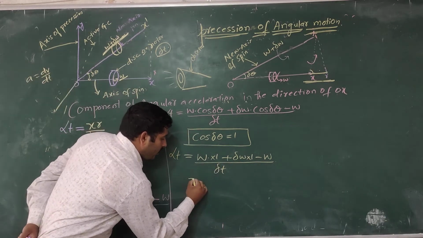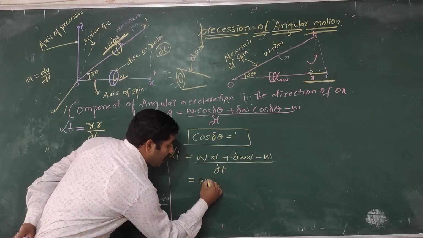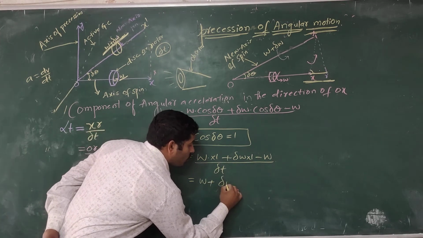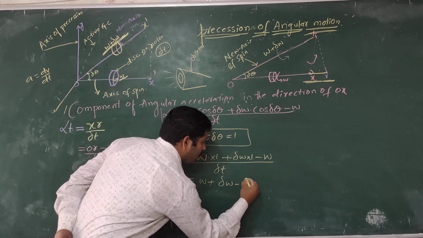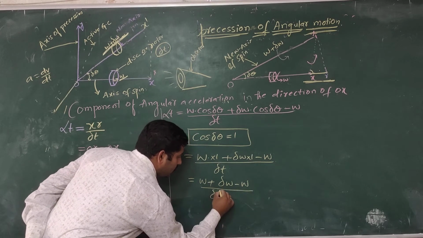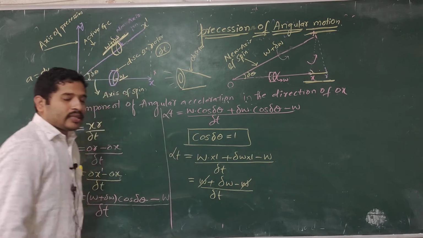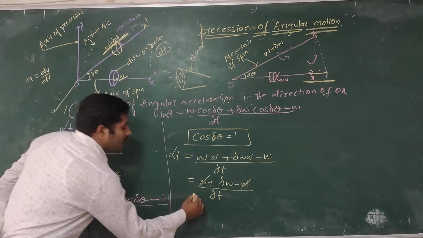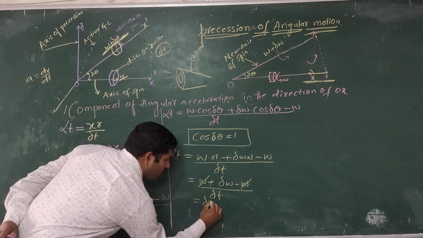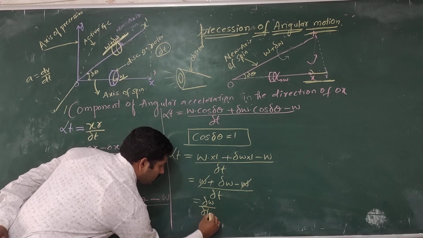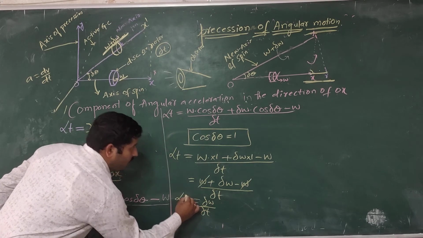Then omega plus delta omega minus omega by delta t. This omega and omega cancel. The remaining term is delta omega by delta t. That is the value of alpha t.